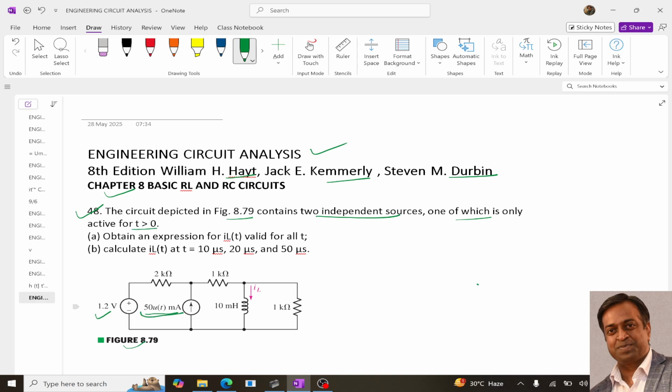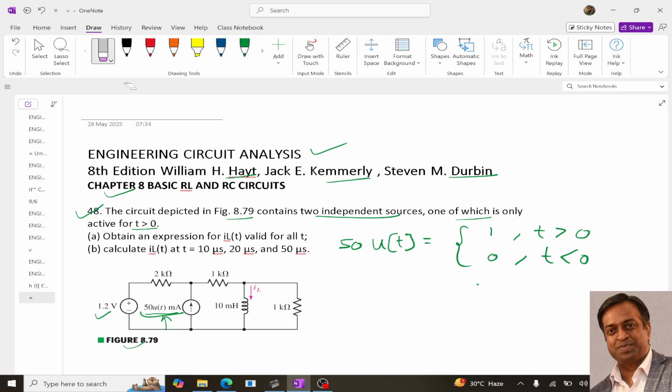Because of the presence of this unit step function u(t), this source will be active only for t greater than 0, because we know that u(t) is 1 for t greater than 0 and 0 for t less than 0. So 50 u(t) equals 50 milliampere when t is greater than 0, otherwise, for t less than 0, it will be 0.